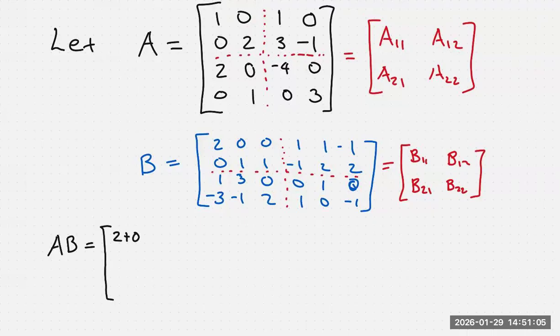The next one also gives you 0. So plus 0 again. And then all of that will be added. No, sir, I think the second row by all the columns.